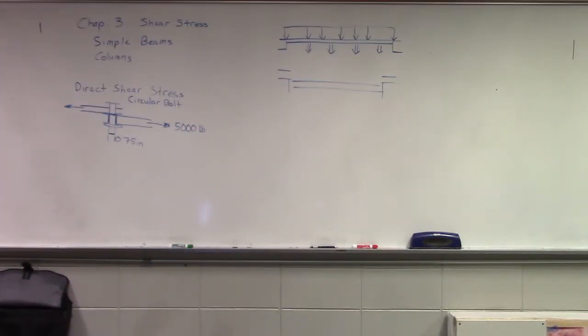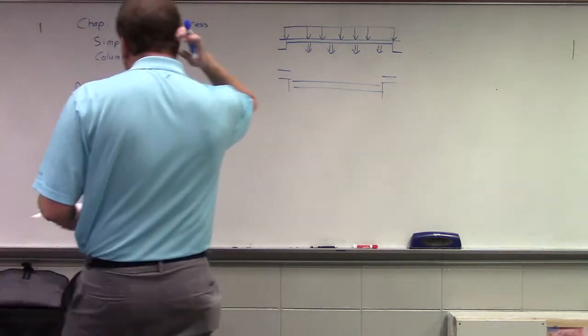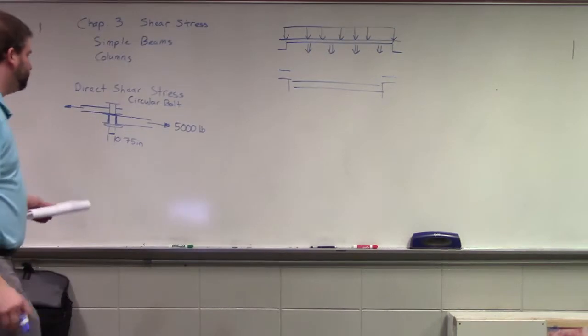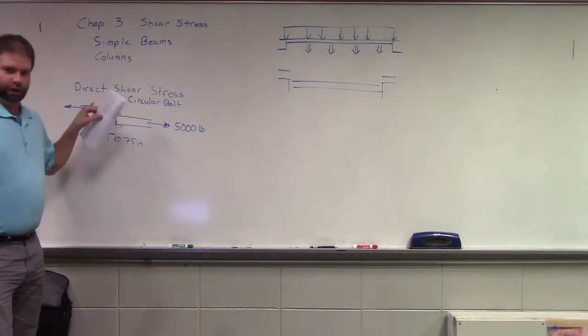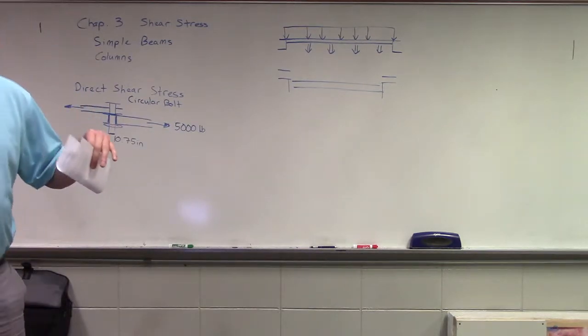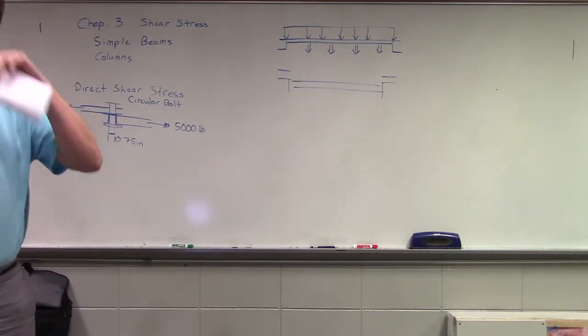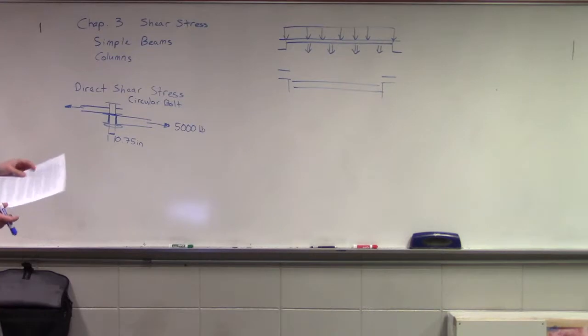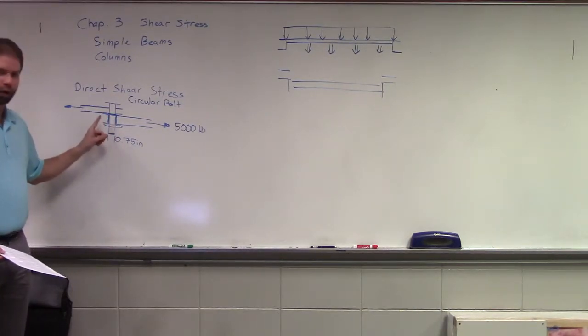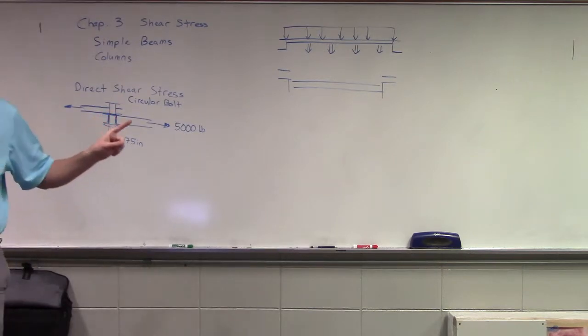So, we walked through one example problem and talked about direct shear stress on Tuesday. Keep in mind, we're dealing with different actions of these forces on our material than when we talked about direct axial forces. Remember, this is the bolted steel from Tuesday.